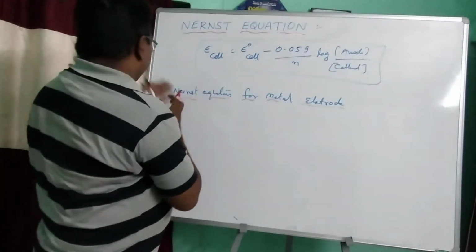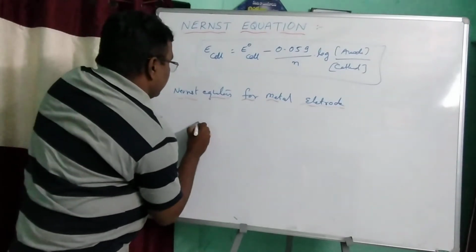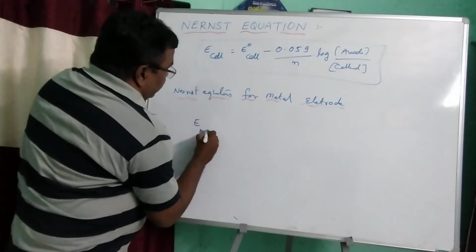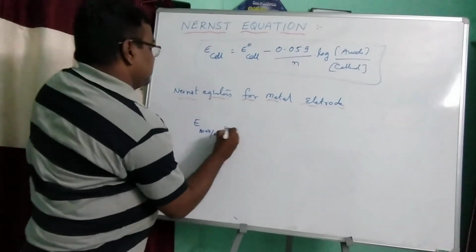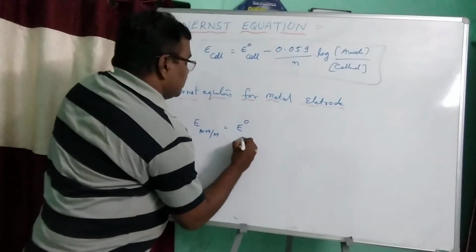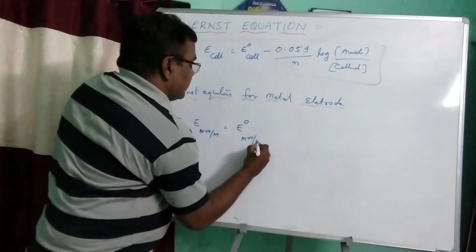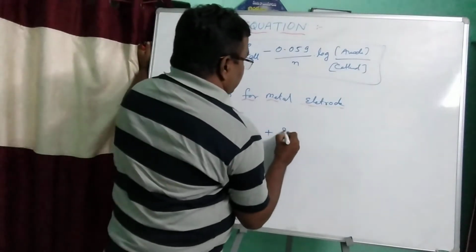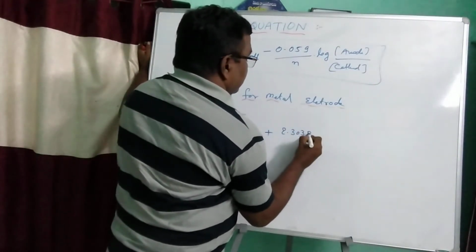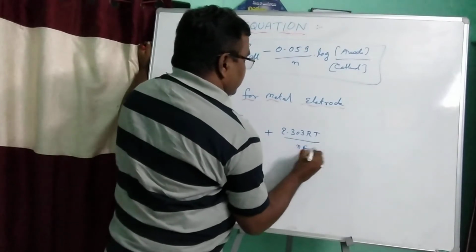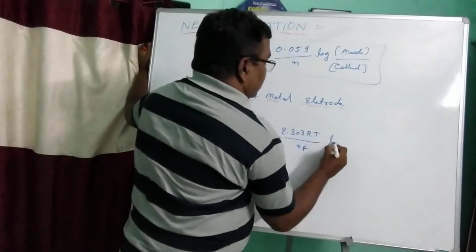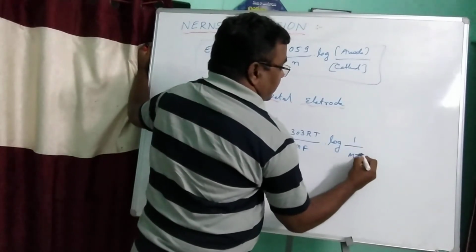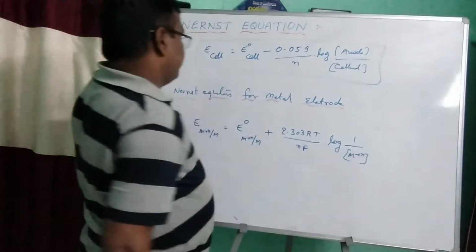That is E of M plus n or M is equal to E0 of M plus n or M plus 2.303 RT by NF log 1 by the M plus n concentration.